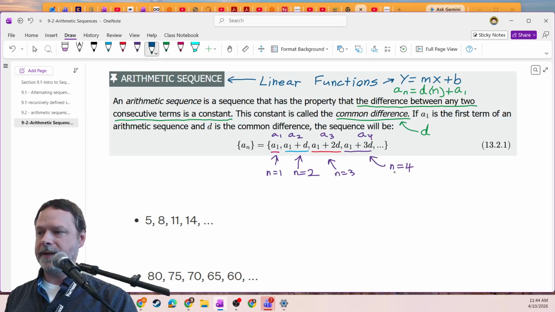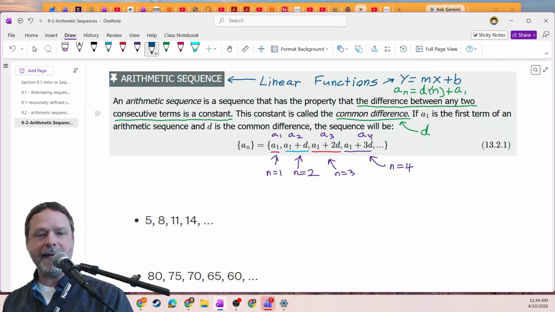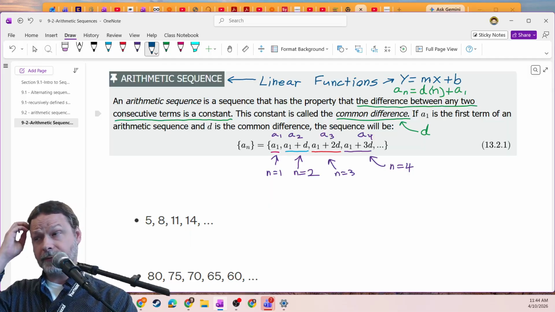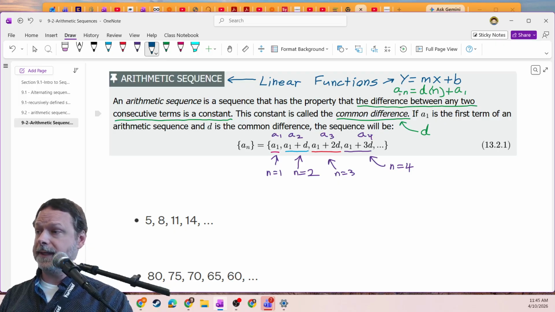Well, that would be our common difference. So the m and the d, in this case, are exactly the same thing. If we were to plot this out, our common difference is our slope. We're going to see that when we take a look at this in a graphing calculator. So it is something like this, but it's not going to be exactly this. We're going to get something else, but it's going to be similar to that.